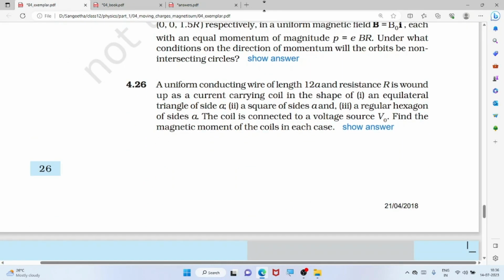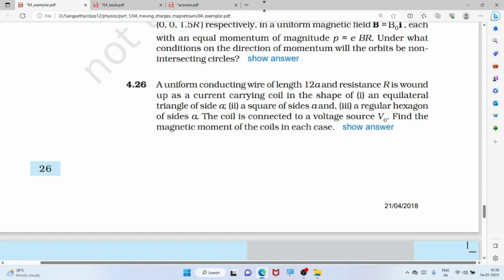A uniform conducting wire of length 12a and resistance R is wound to carry the coil in the shape of an equilateral triangle, a square, and a regular hexagon. The coil is connected to a voltage. Find the magnetic moment.